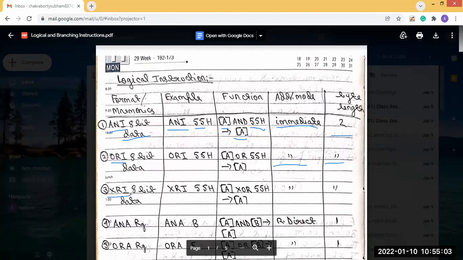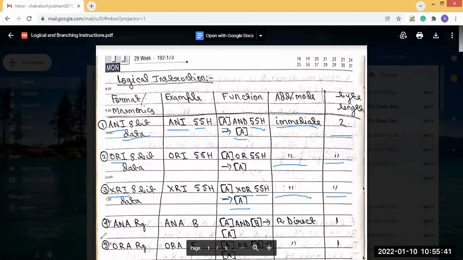Then XRI means XOR immediate. We perform the XOR operation between the accumulator content and the 8-bit data, and the final product is stored into the accumulator again. This is immediate addressing, and the byte length is 2.